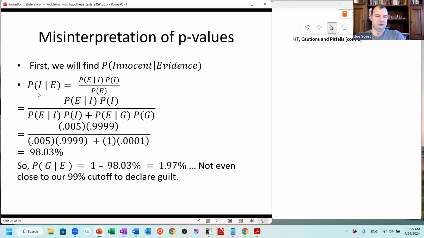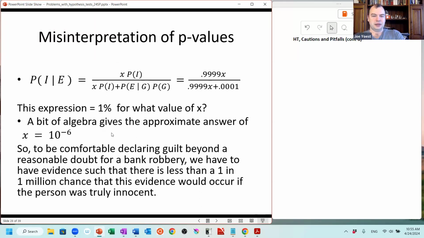When is the probability of innocent given evidence not 98%, but below 1%? And this is approximately 10 to the minus 6. We would need a p-value less than 1 in a million, an extraordinarily highly significant result for the frequentist. We would need that in order for the Bayesian to agree.